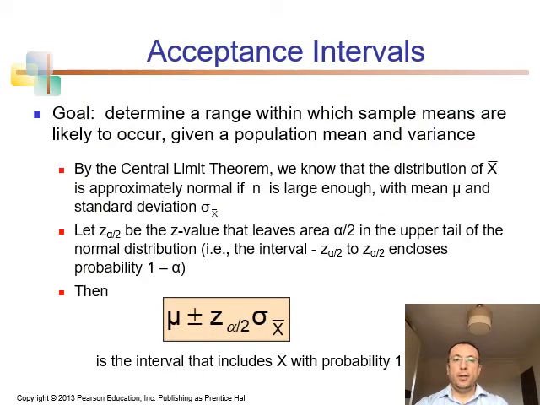So the next one is the acceptance interval. It's actually sometimes called the confidence interval, and it's something that we're going to use in our research project. So we are looking for, in many cases, 90%, 95%, 99% intervals.